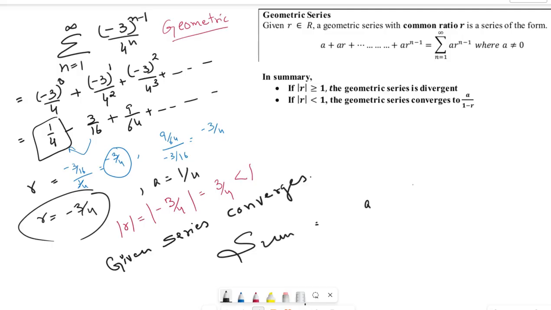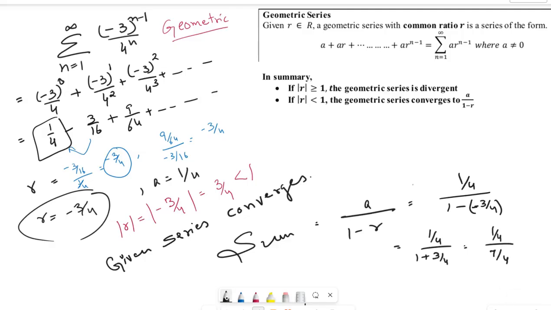Sum is equal to a divided by 1 minus r. A is 1/4 divided by 1 minus r, where r is negative 3/4 here. Pay attention, this is negative. 1/4 divided by 1 plus 3/4, which is going to be 1/4 divided by 7/4. The answer will be 1/7.